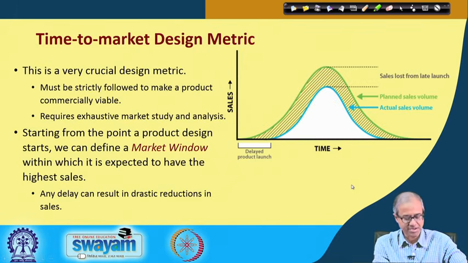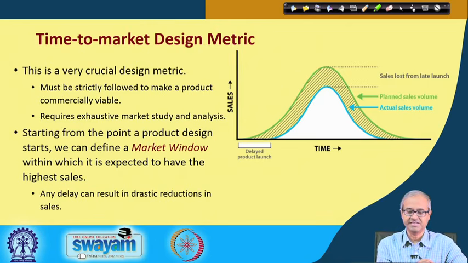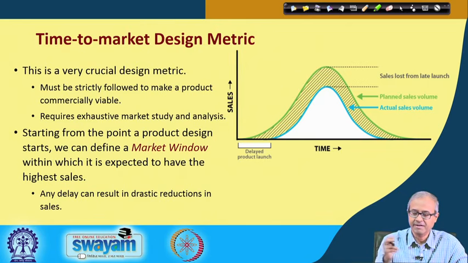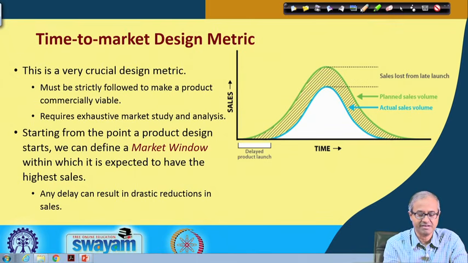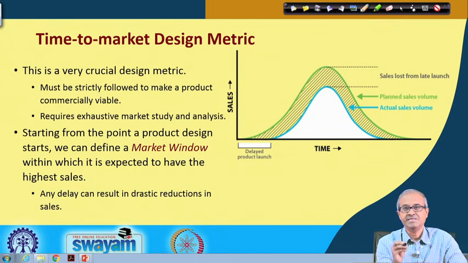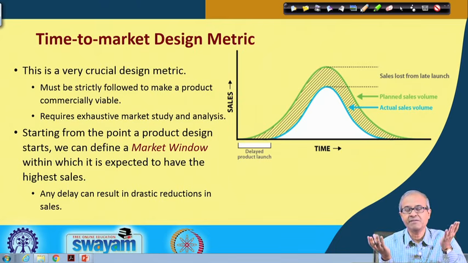Now, there is an important thing here, time to market design metric. Now, let us try to explain what this means. See, a company, whenever it manufactures some products, the ultimate goal will be to generate some profit out of it.